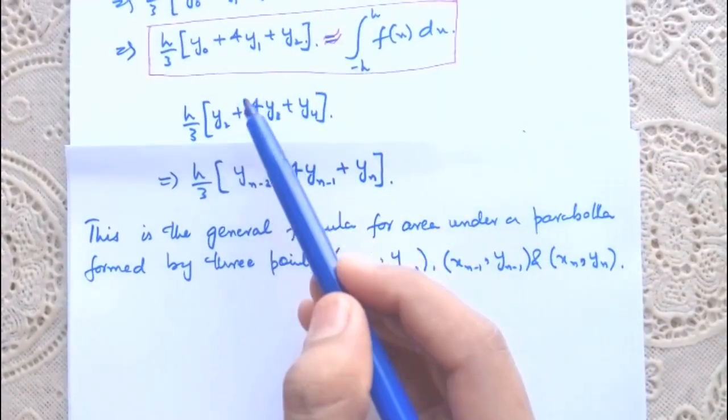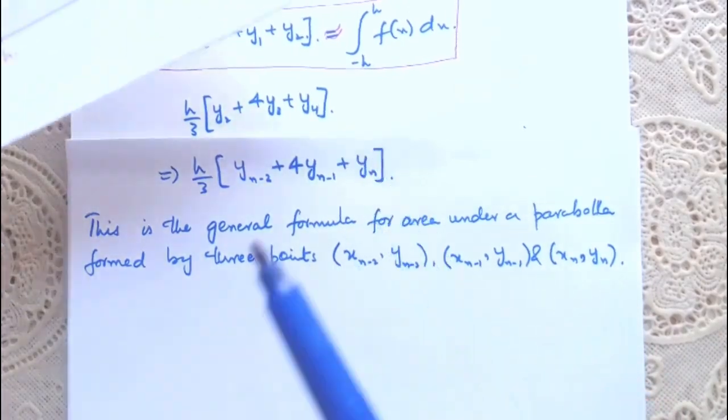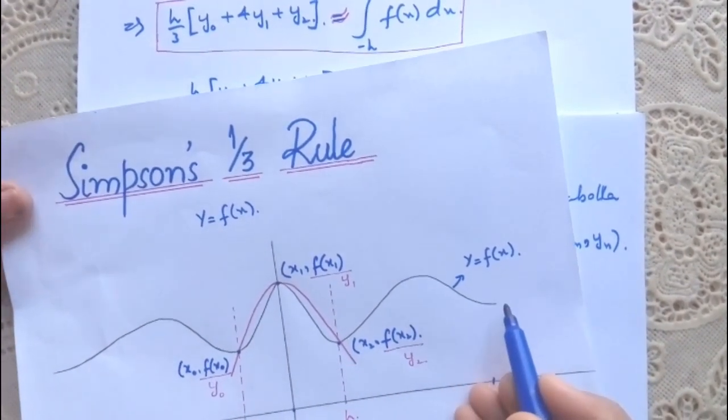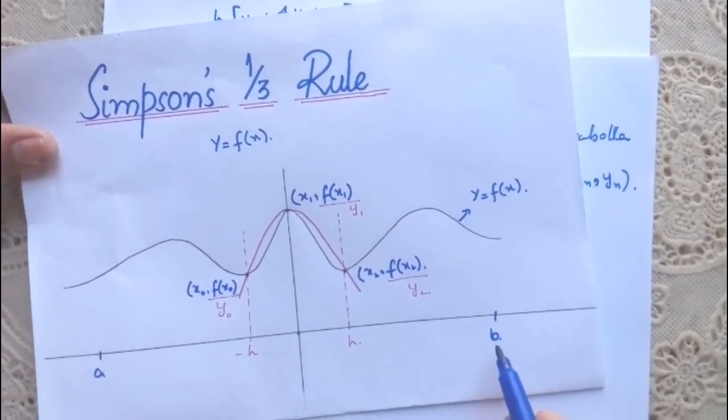Now adding these individual areas under the parabola, we get the area under this curve f of x over the interval from a to b.